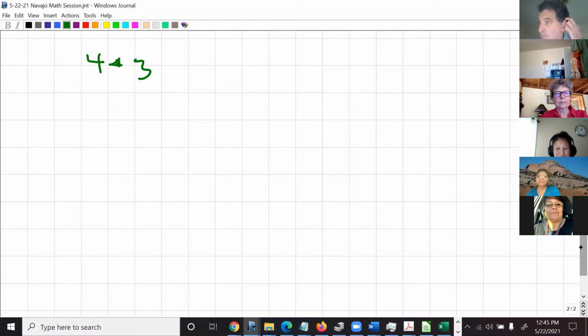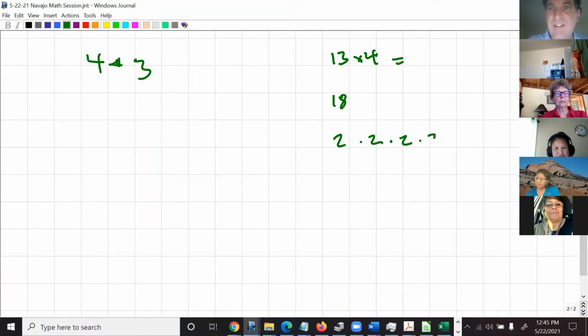So what I was saying in my group was, we do know that 13 times 4, I punch it in, is 182. 18 is very important to this problem, and 2 is very important. So I was looking at 2 times 2 times 2 times 2 makes 16, and then add 2 more would make 18.